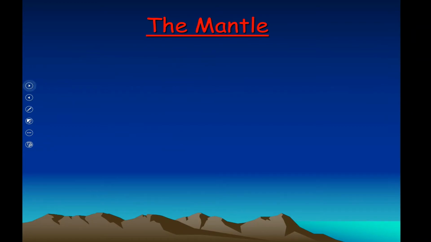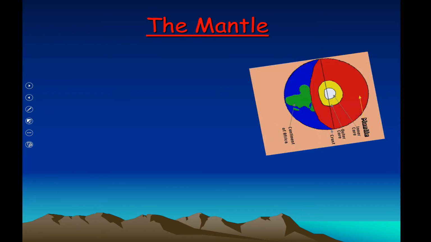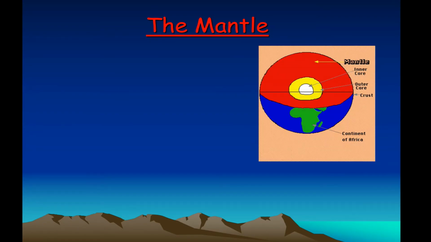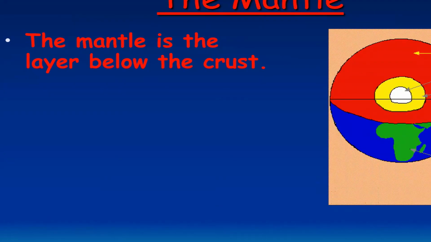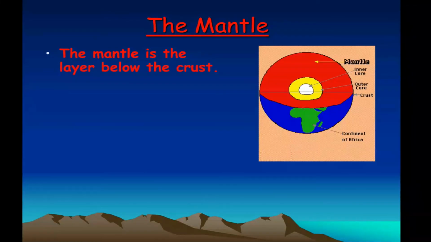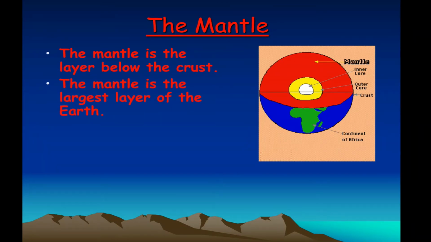The second layer, the mantle, which we can see in red color, is the second layer located under the Earth crust. The mantle is the layer below the crust. The mantle is the large layer of the Earth.